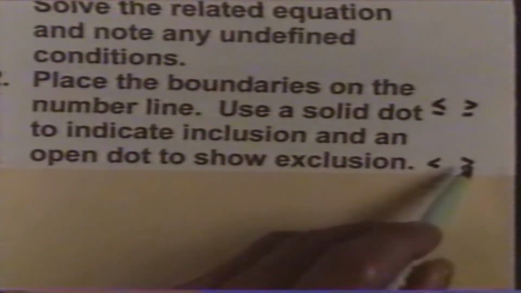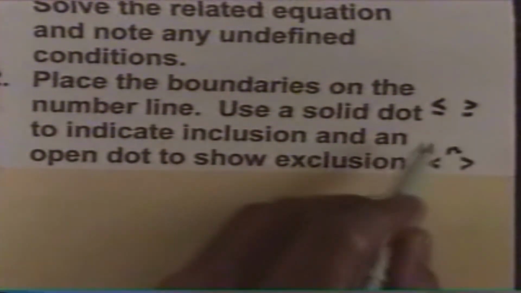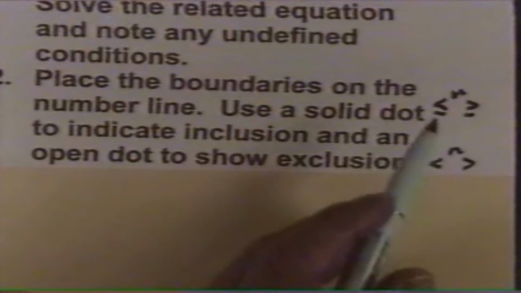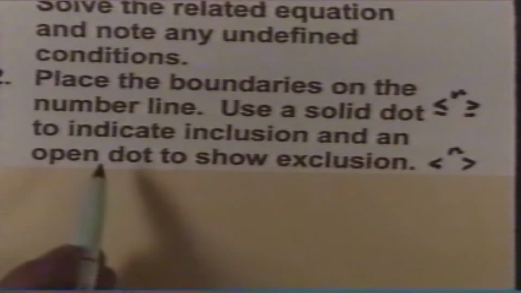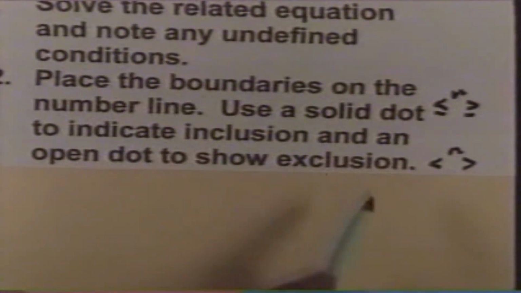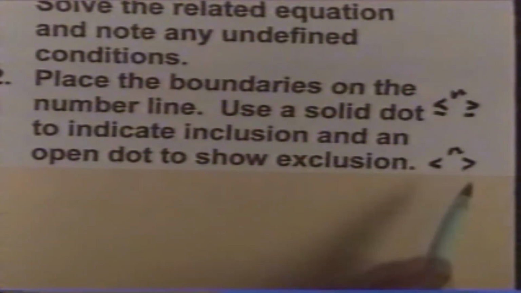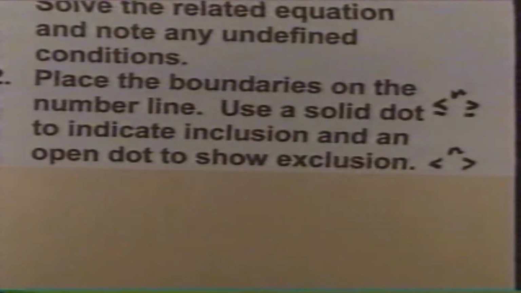Less than or greater than indicate that you do not include the boundary, so you use an open dot to show exclusion. We cannot use equals in this case, because the boundary would imply equals. We have strictly less than or strictly greater than.